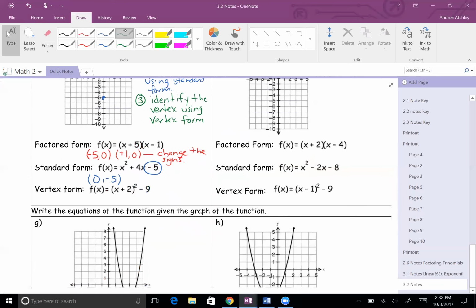So here I have the 2, so it's -2. And I have the 9, it's -9. With the x value, I change the sign.